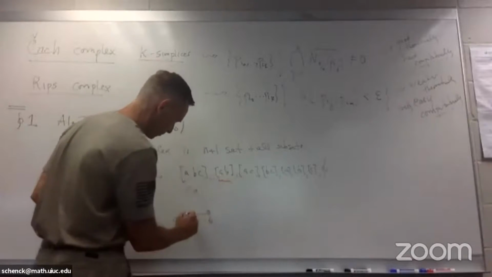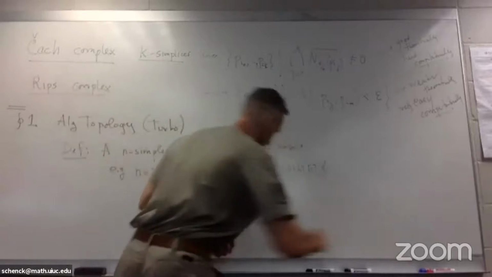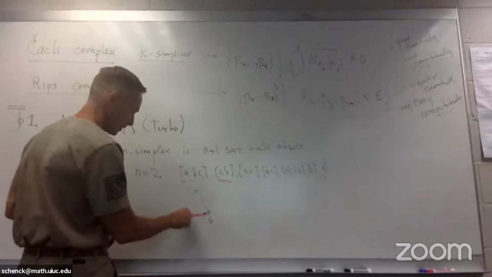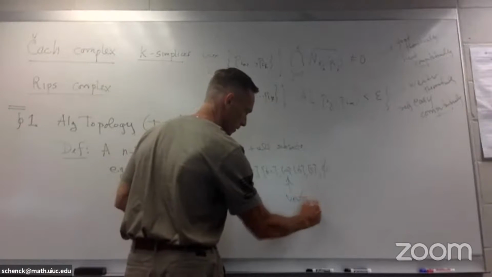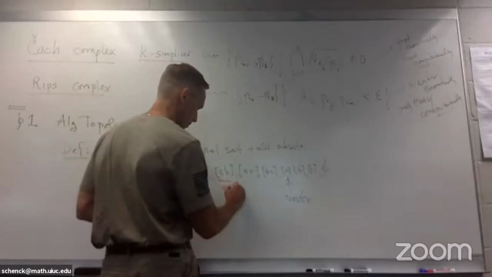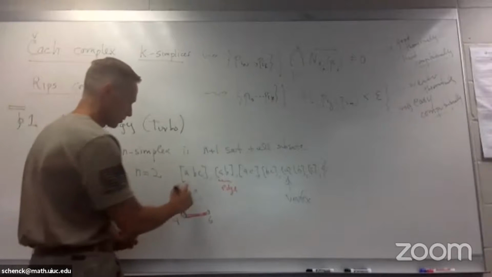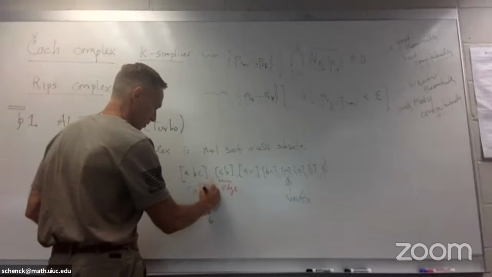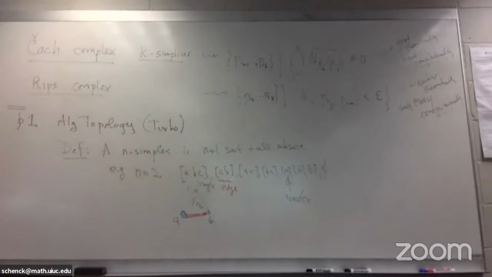AB would be this edge. And a vertex would just be something like, here's the vertex A. So we usually think of these as vertices, we think of this as an edge, and we think of this object as a triangle.